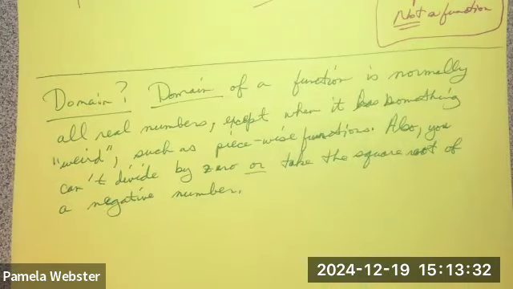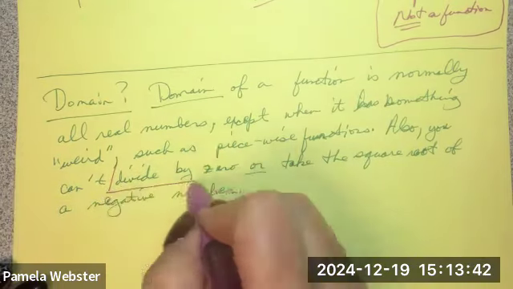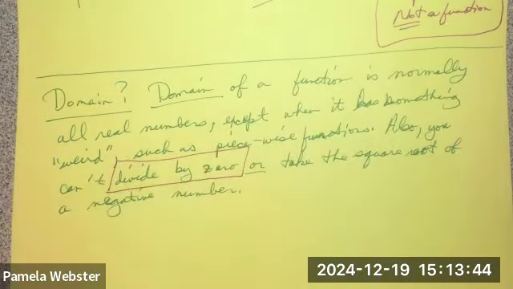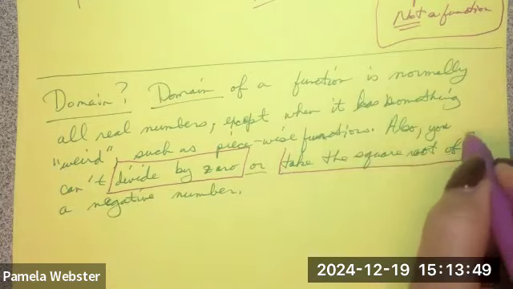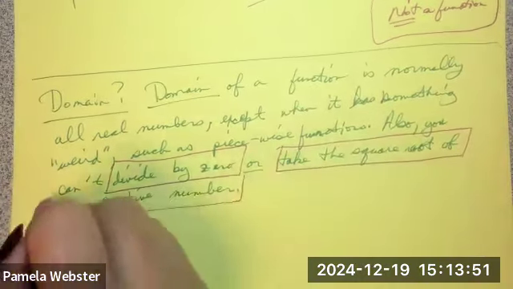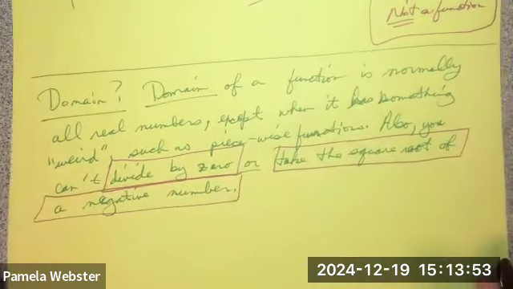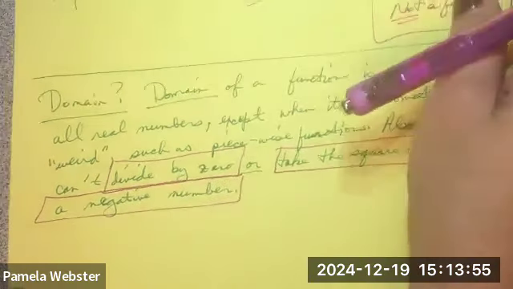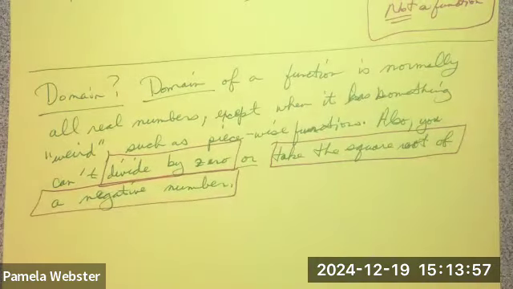Sometimes you have a piecewise function or something else that's weird going on, and we'll have to figure it out. But the two big, huge issues with domain are when we try to divide by 0 or when we try to take the square root of a negative number. That's when we say, ooh, now we've got issues in our domain. Those are bad spots.